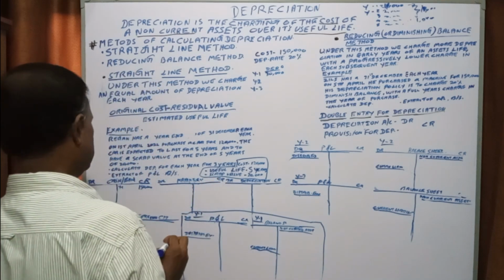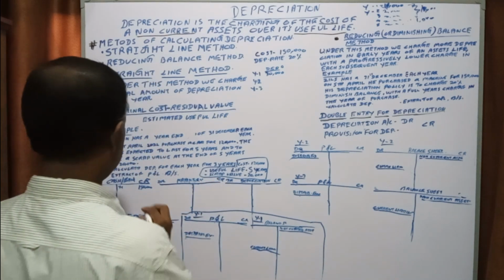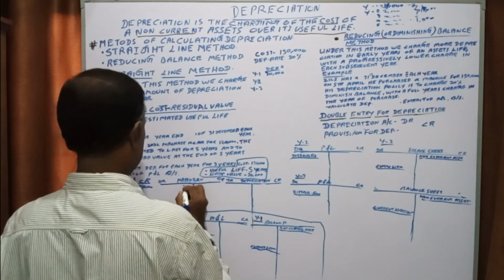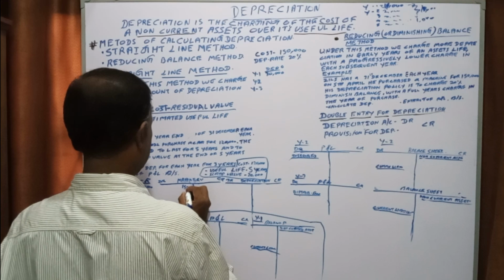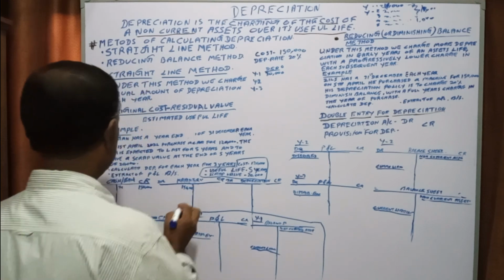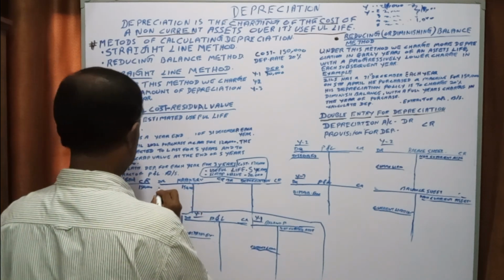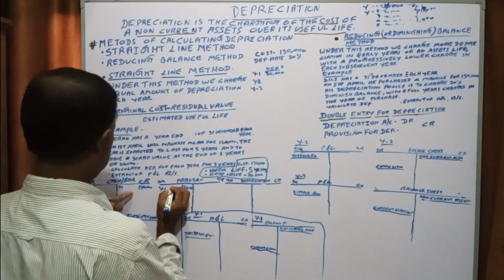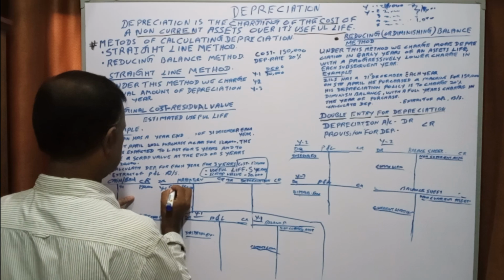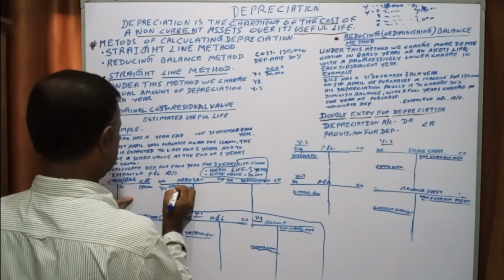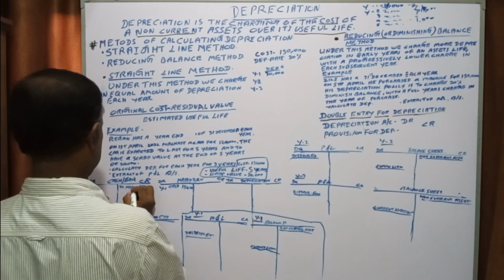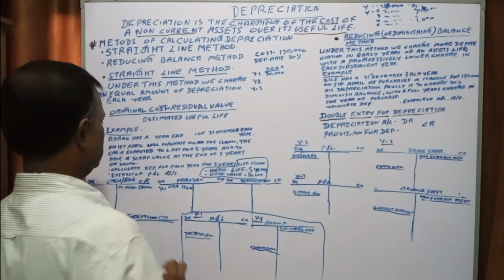Year 1, we are purchasing a machinery worth 150,000. We are debiting the machinery account. Okay, year 1. And what is the cross reference? Cash. Here you say machinery.